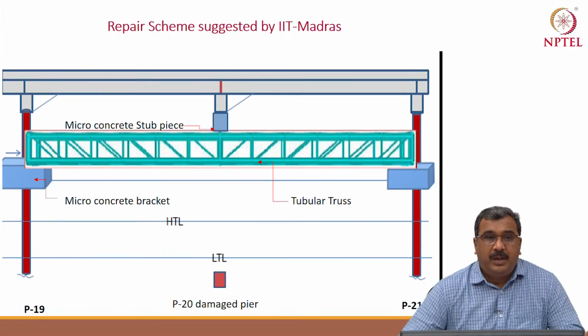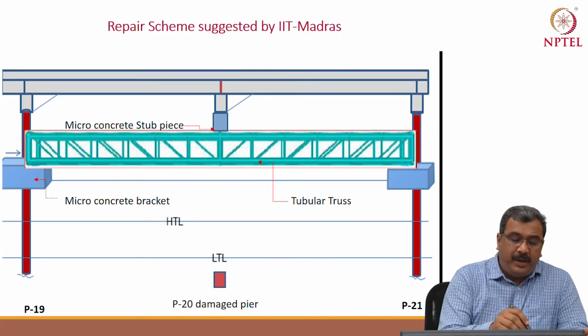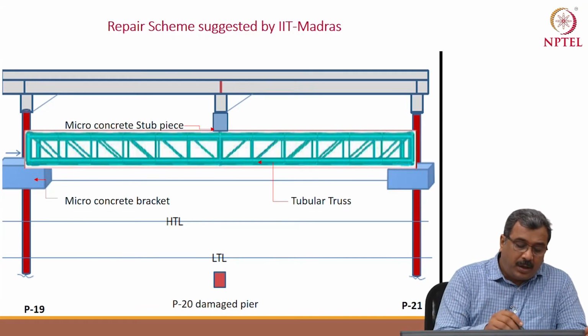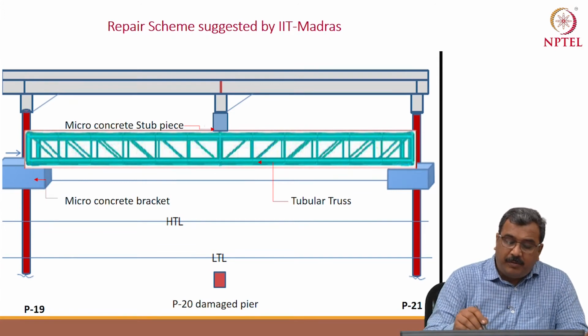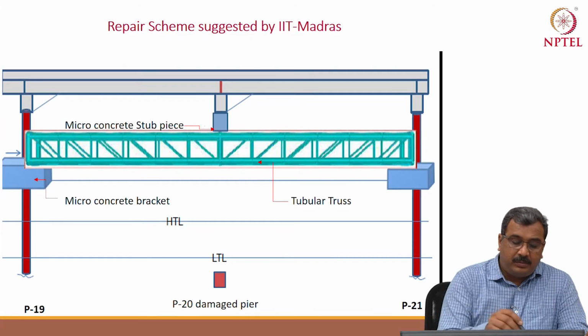With the help of IIT Madras, a scheme has been derived wherein a new truss has to be fabricated, a new bracket has to be constructed, the truss to be placed on these two brackets, another stub piece of microconcrete to be installed with a base plate, and then this whole truss has to be loaded, jacked in such a way that the load is transferred to these two piles.